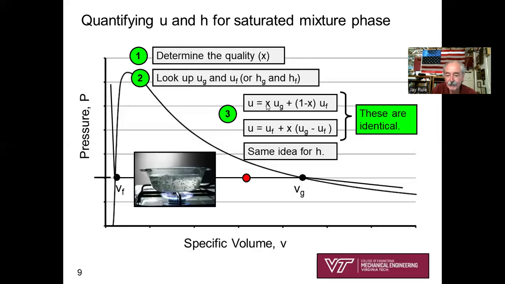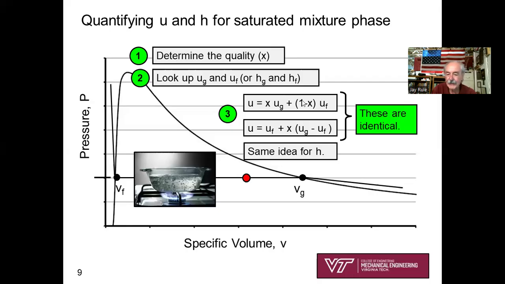If X is 0.9, then 1 minus X is 0.1, or in other words, 90% of UG plus 10% of UF. That's the way I remembered it. I was not a good formula memorizer, so I got this expression for using quality under the dome because I can get it into my head.